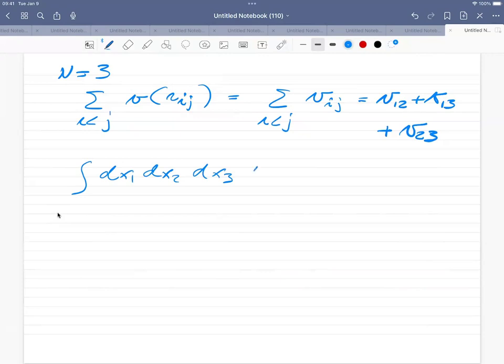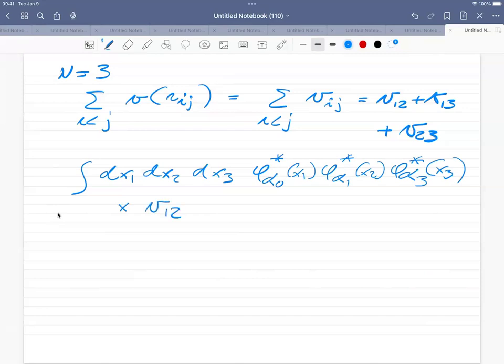Now we have on the left-hand side, from the bra side, phi alpha 0 of x1. We have a phi alpha 1 of x2. And then we have a phi of alpha 3 of x3 multiplied with V12. So that depends only on particles 1 and 2.